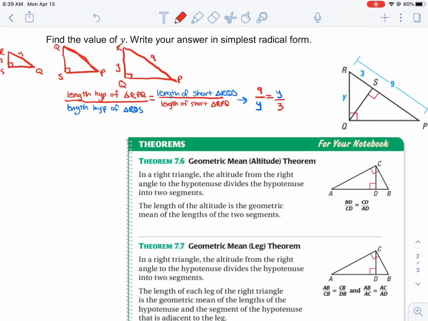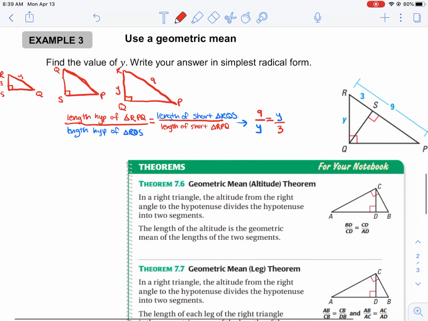Okay. So now this looks weird because we're going to have a cross product where we have Y show up twice, but that's fine. So what this is going to look like is we're going to have Y squared, because when you multiply two Y's, you have Y squared, equals 27.